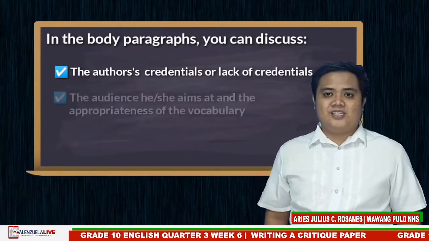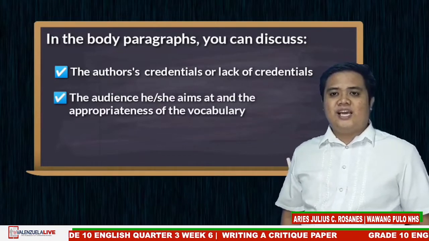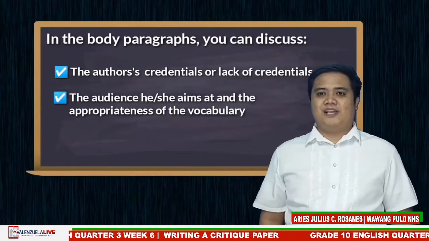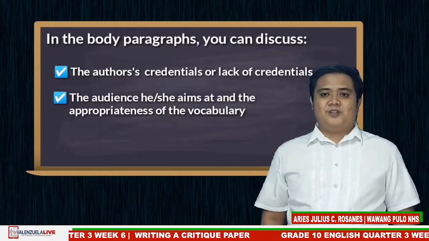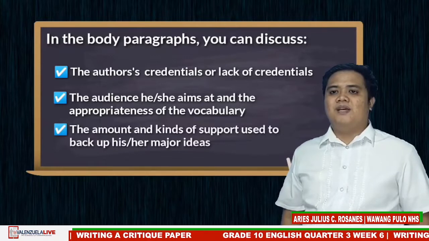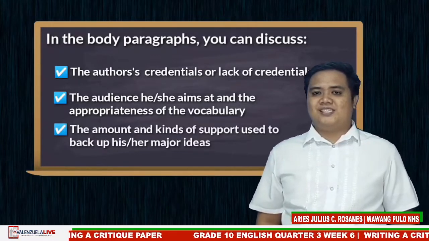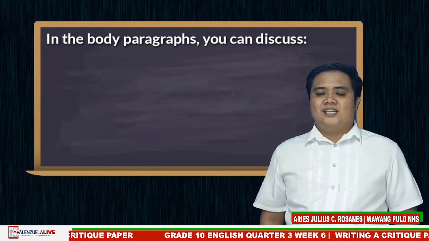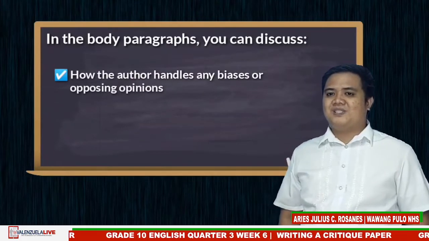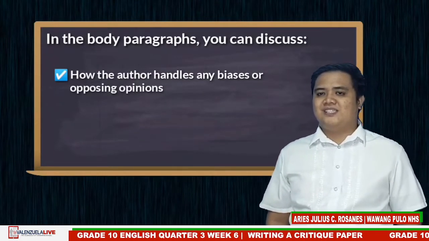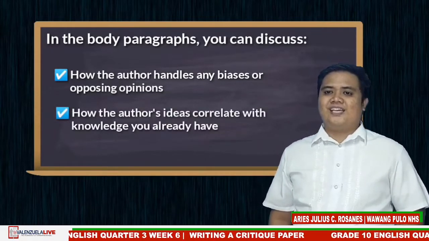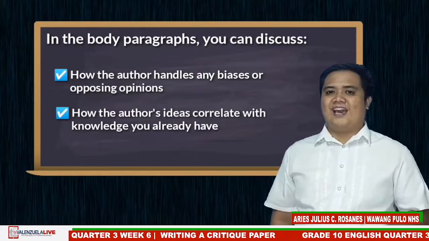Next is the audience he or she aims at and appropriateness of the vocabulary. Another one is the amount and kinds of support used to back up his or her major ideas. Another thing is how the author handles any biases or opposing opinions. Lastly, how the author's ideas correlate with knowledge you already have.